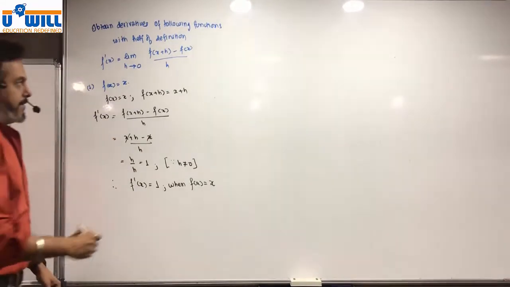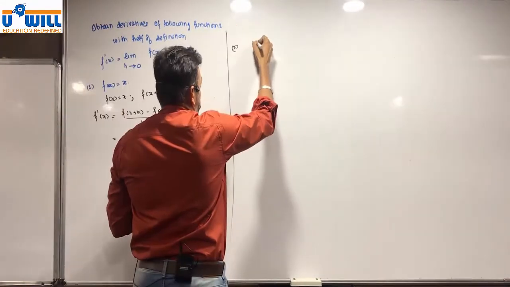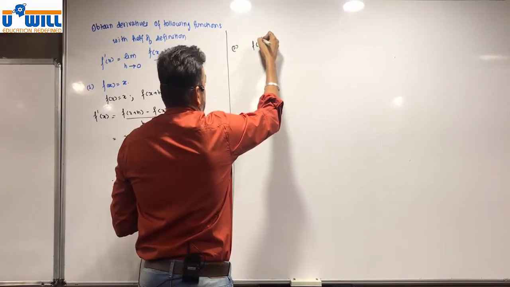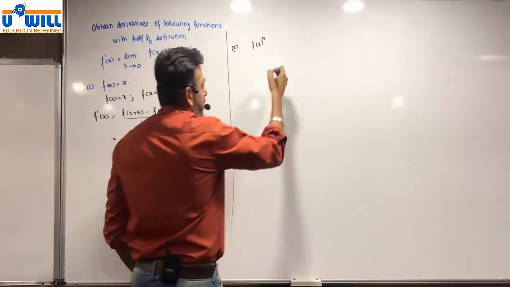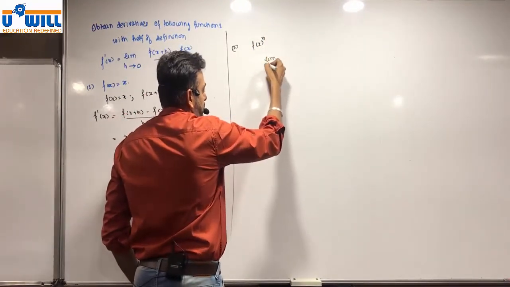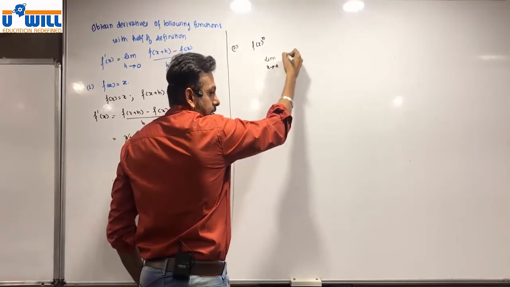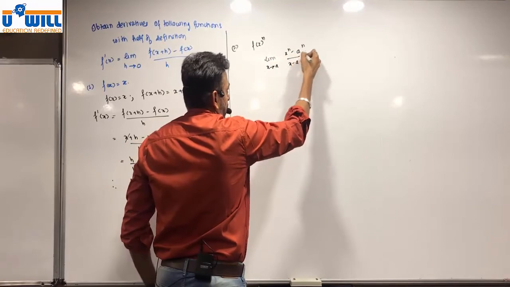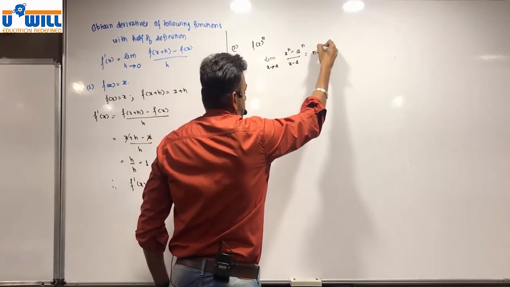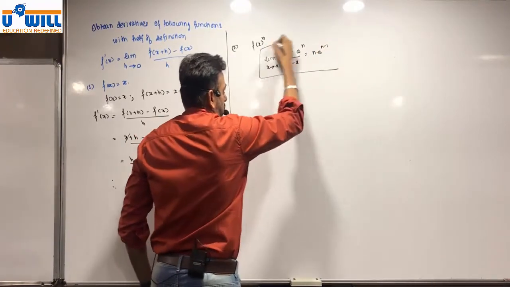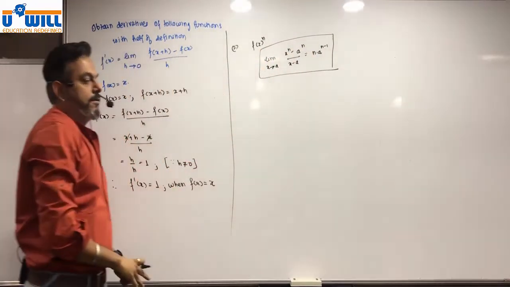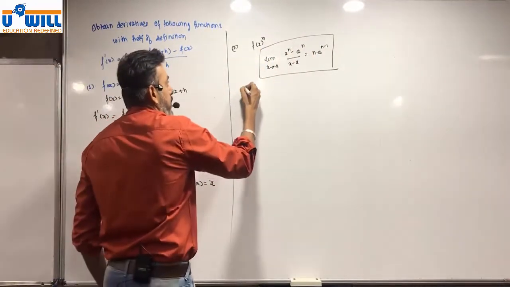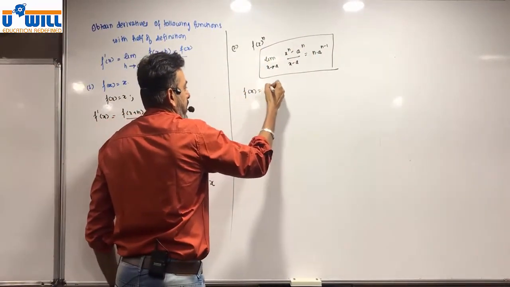Okay. Second, f(x) equal to x raised to n. You knew this limit rule: x tends to a, x raised to n minus a raised to n, upon x minus a, is equal to n into a raised to n minus 1. Okay, very good. Just keep this in mind. Now over here, f(x) is equal to x raised to n.